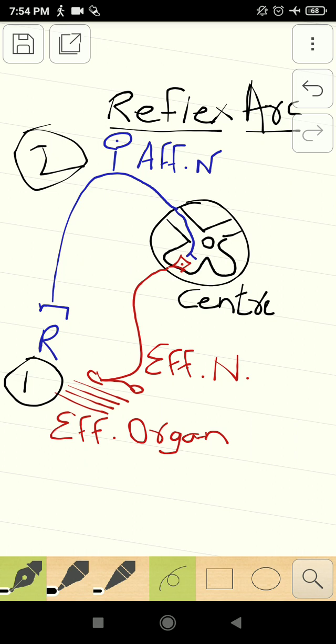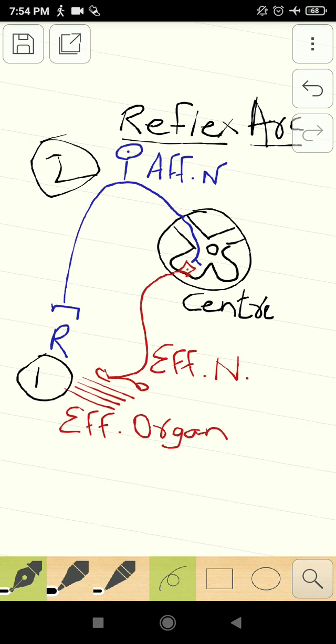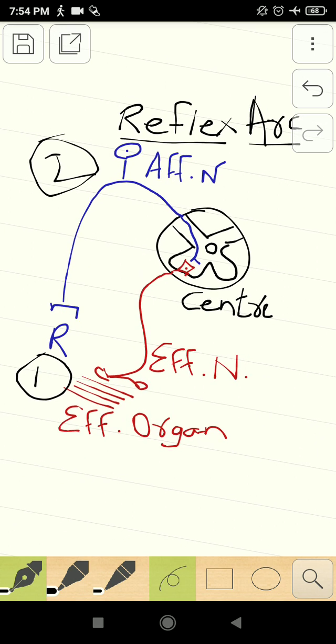It is usually the pseudounipolar neuron present in the dorsal root ganglia or the sensory ganglia. This receives information from the receptor and carries it to the spinal cord or the brain. Usually it's the spinal cord, and that neuron is called the afferent neuron. It can also be termed a sensory neuron because it's carrying the sensory input to the center.